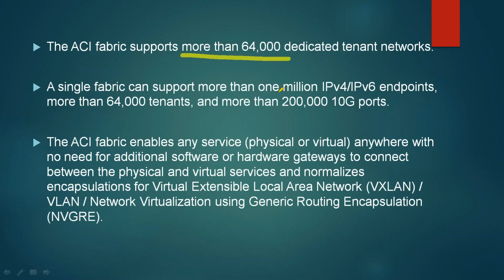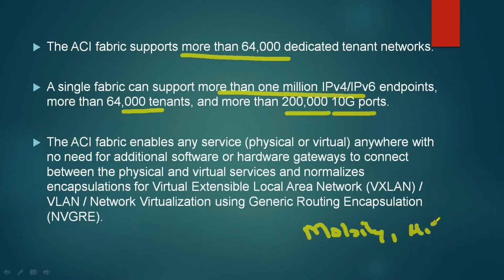A single fabric can support more than 1 million IPv4 and IPv6 endpoints, 64K tenants, and more than 200K 10G ports. So you can see that we have features like mobility and high speed, and then we can create some logical constructs as well.